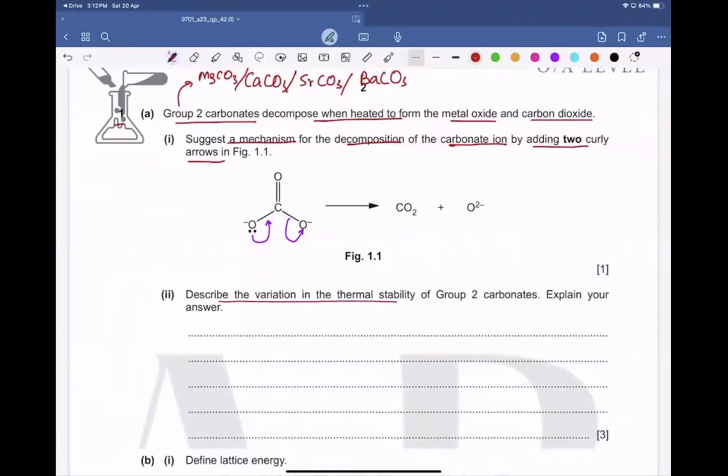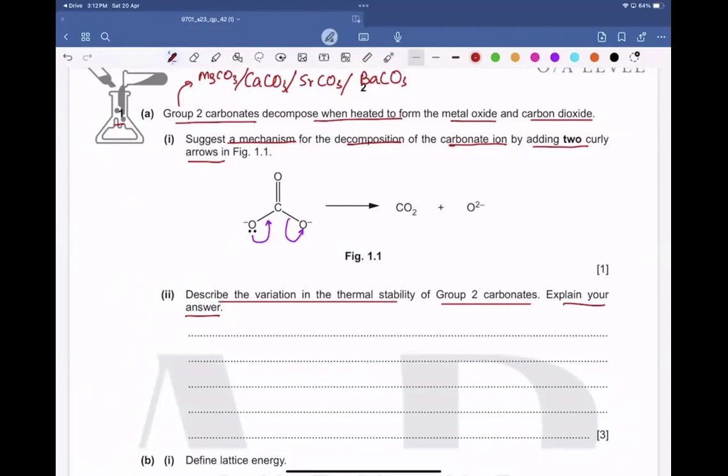Describe the variation in thermal stability of group 2 carbonates. Explain your answer. Okay. So you have to describe the variation in the thermal stability.